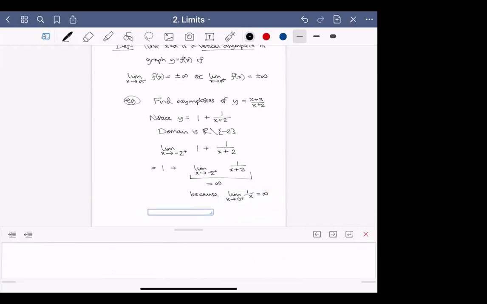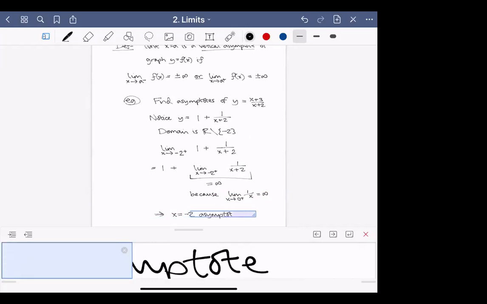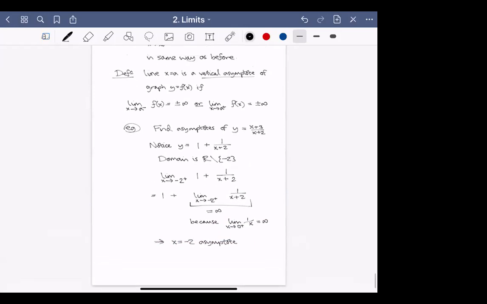Okay, so that tells us that x equals minus 2 is an asymptote. So that's the vertical asymptote.